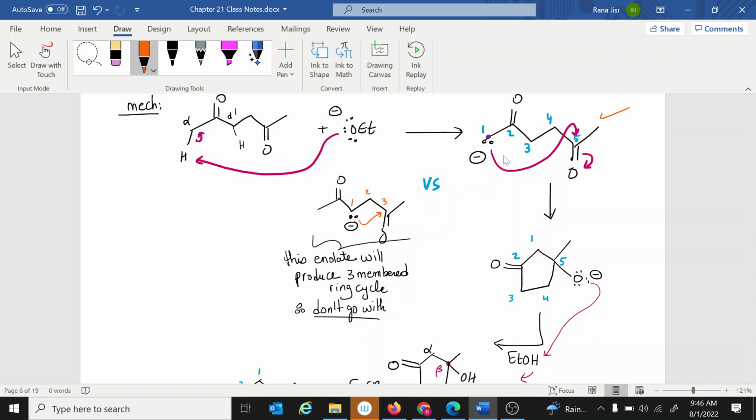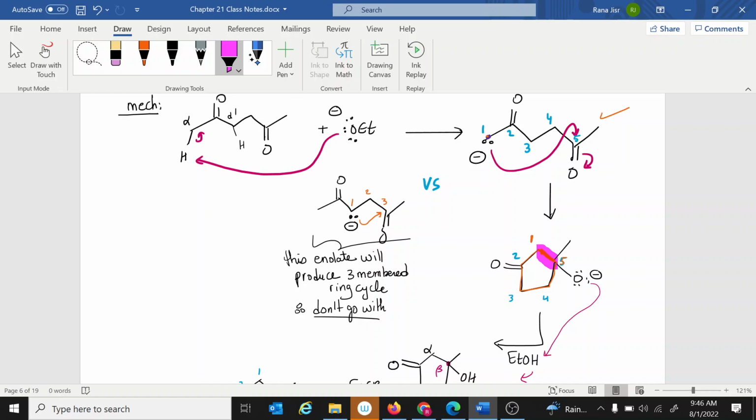So you have a 5 carbon cycle here. Draw it first, and after you draw the 5 carbon cycle, just number. I made a bond between carbon number 1 and carbon number 5. This is the new bond that I made over here. So go ahead and number carbons 1 and 5, and then number the carbons in between.